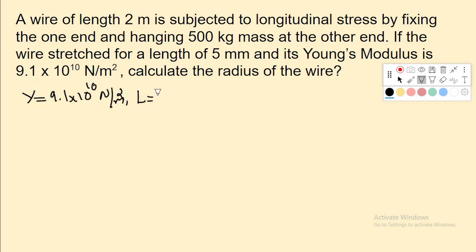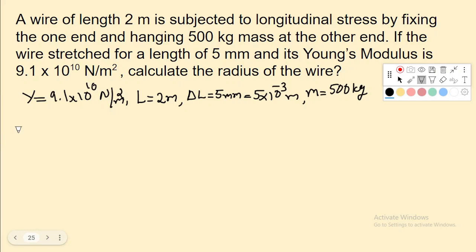Original length L is equal to 2 meter and delta L is equal to 5 millimeter, that is equal to 5 into 10 raised to negative 3 meter, and the hanging mass M is equal to 500 kilogram. So we are asked to find the radius of the wire.